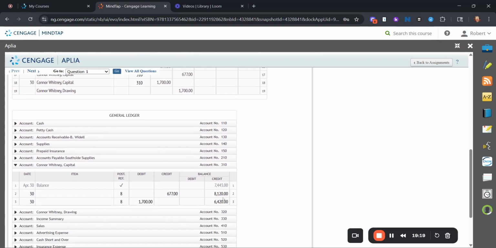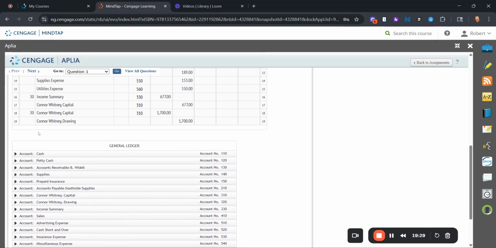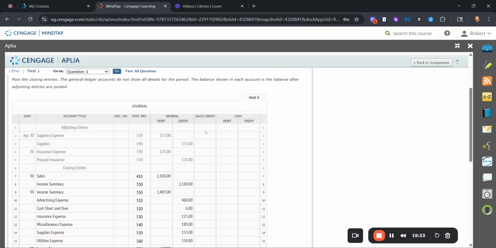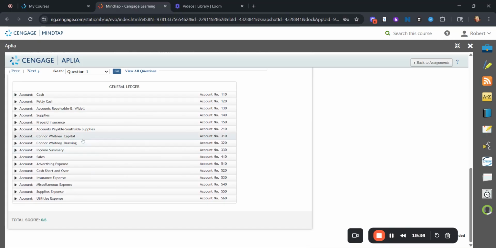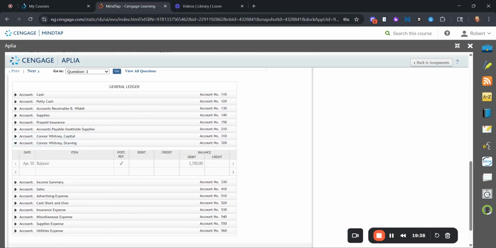So that's going to be the value of the capital account at the beginning of the next month, 6420. Then we have our last entry here, the drawing account, $1,700 credit. Account number 320.